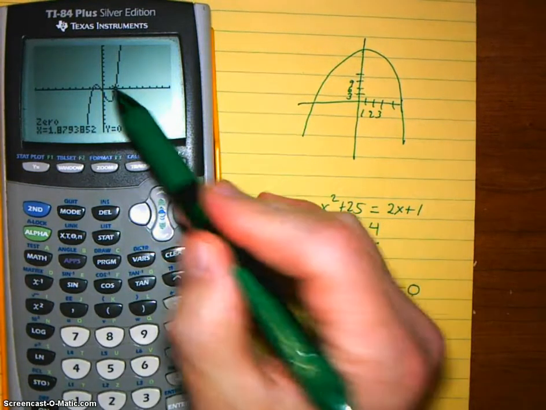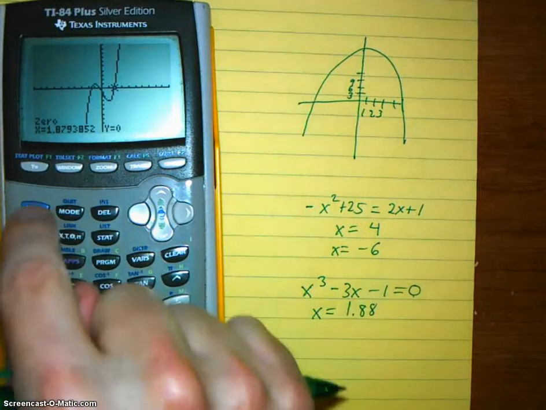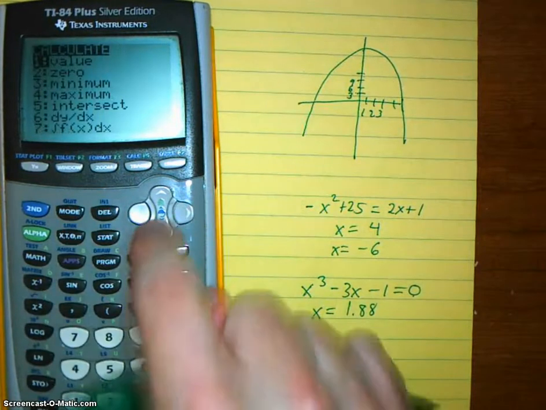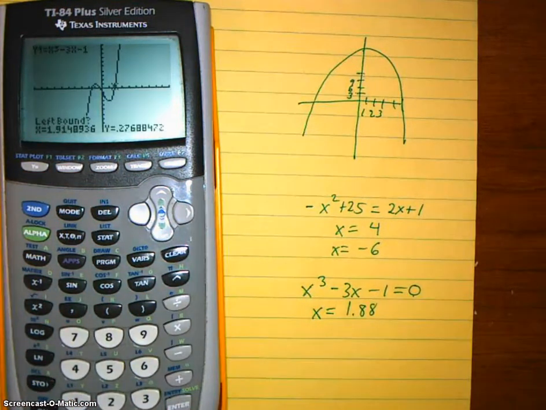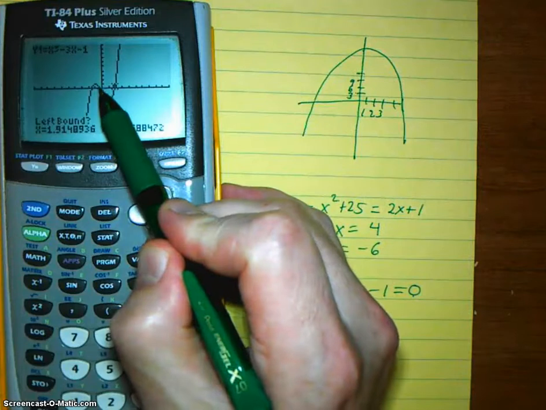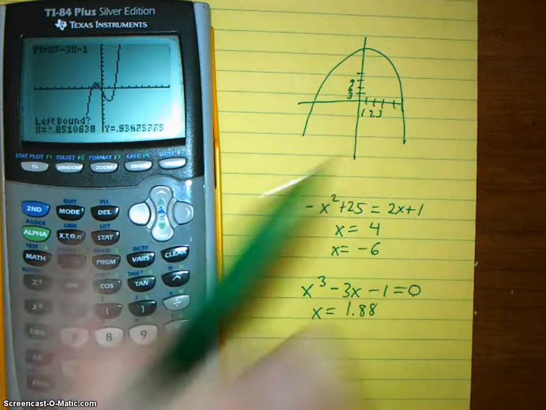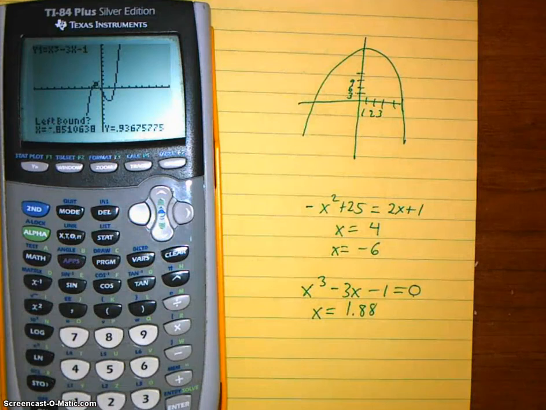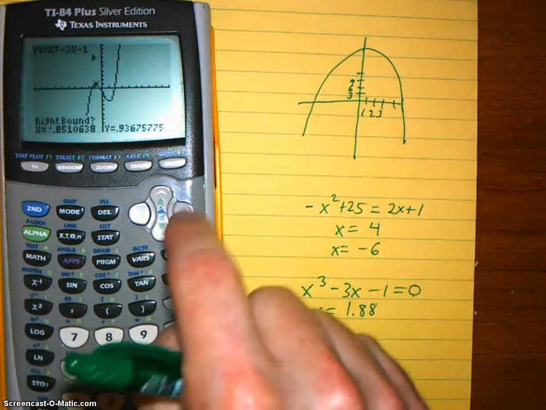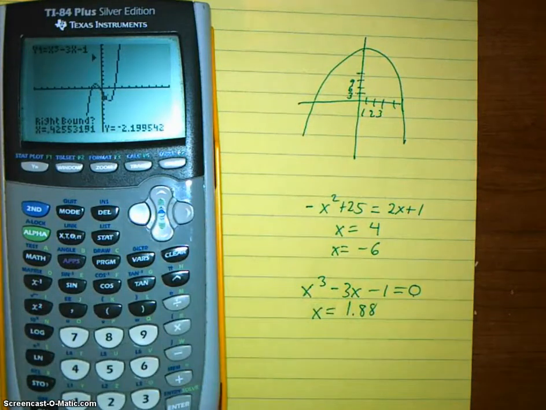All right, then we got to find the other 2. We do the same process again. Calculate, 0. Now I'm trying to find the one in the middle. I want to go left of it, but I don't want to go left of the other one. So I'm going to go to that spot right there, hit enter. Move over a little bit here, hit enter. Give it a guess.